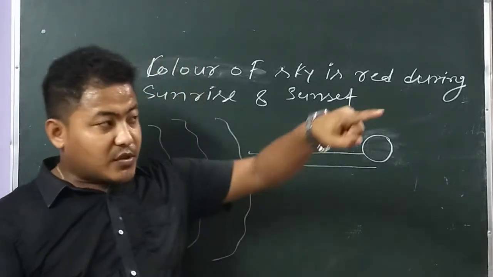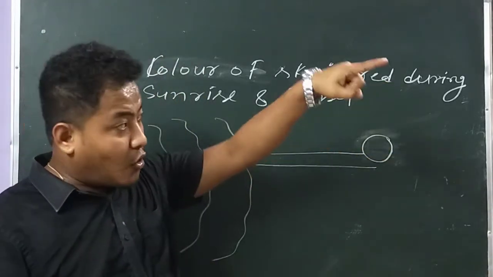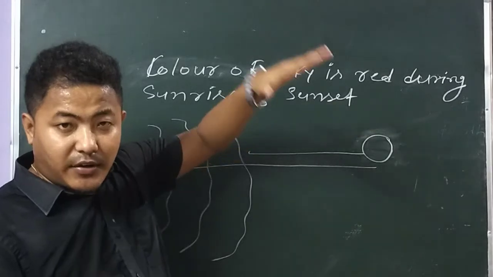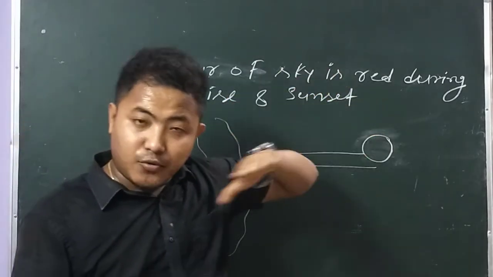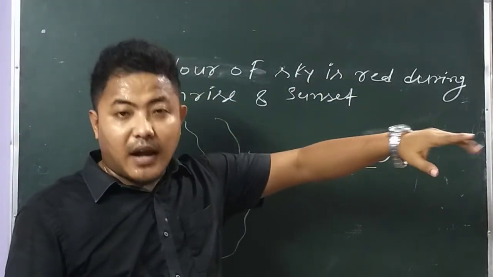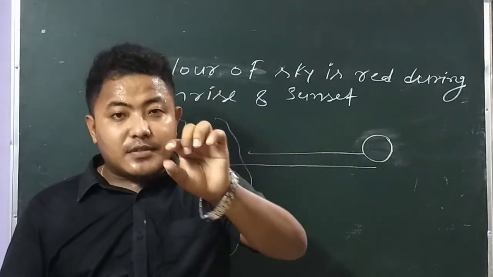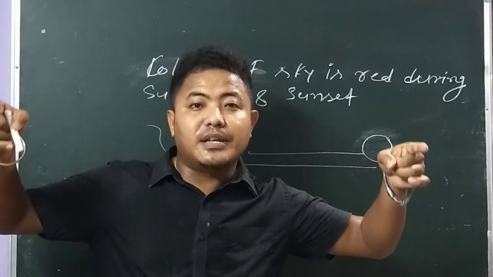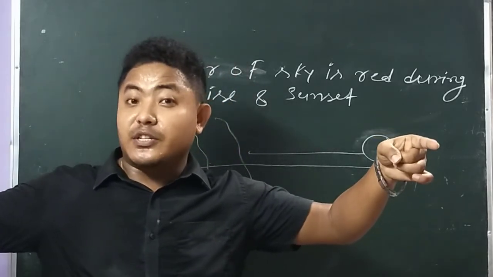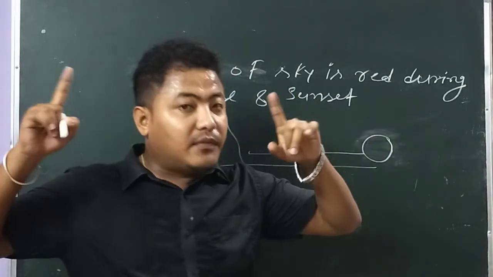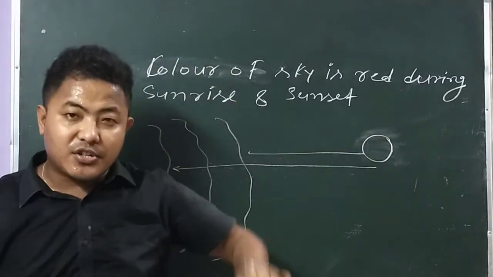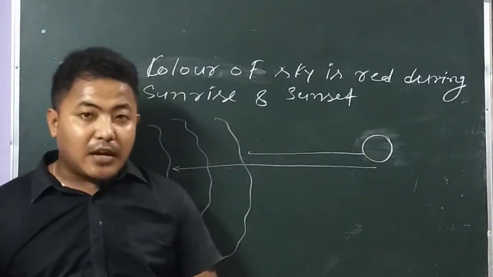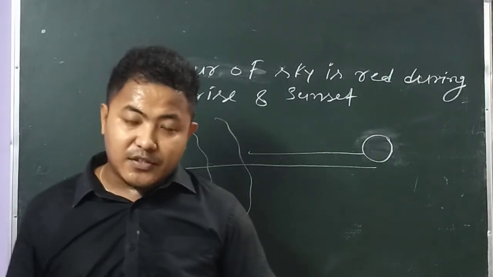Why? Because red has the longest wavelength. Am I clear? Red color has the longest wavelength, and during sunrise and sunset, the path distance between the sun and the Earth atmosphere is also long. Then we will definitely see the reddish color of the sky during sunrise and sunset.